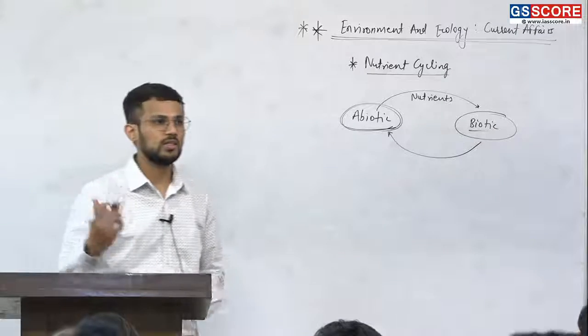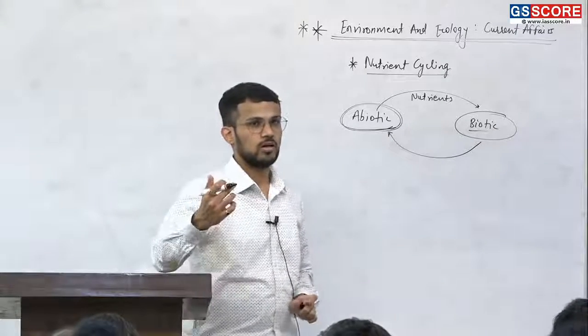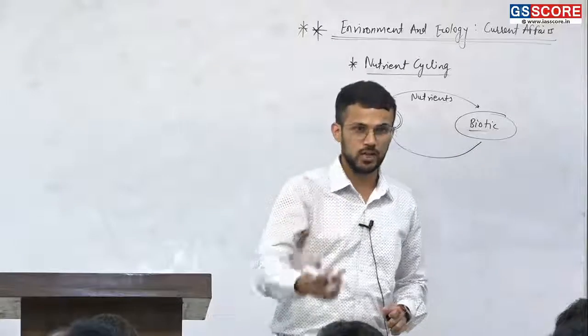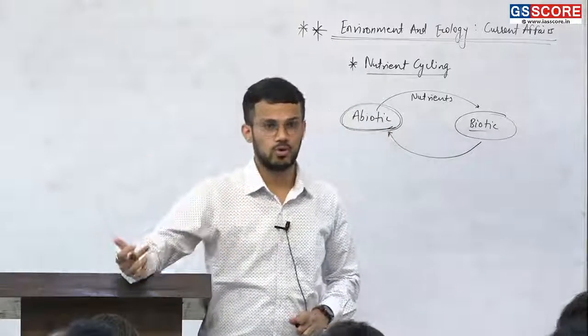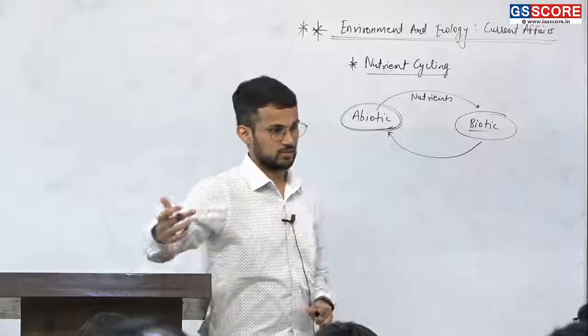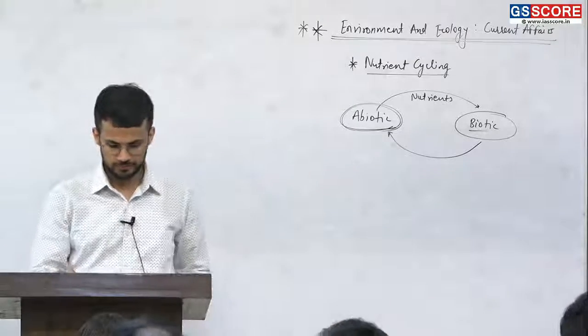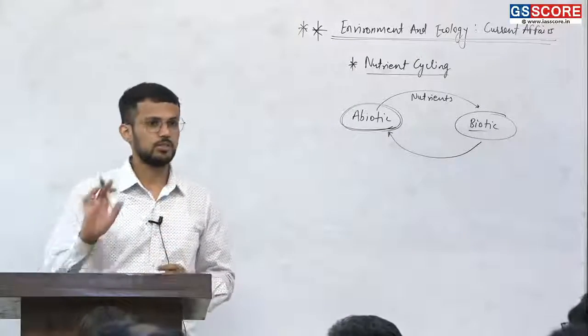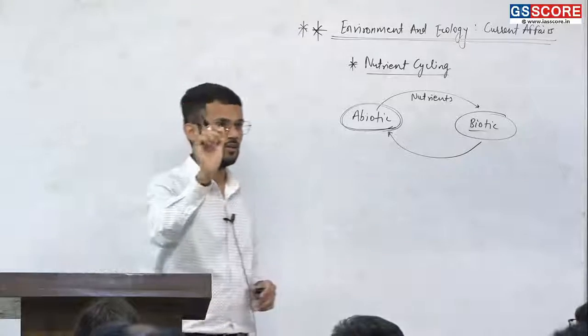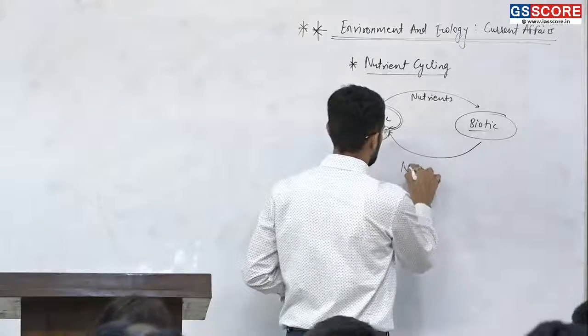Why? Because we need nitrogen for the production of amino acids, which are a raw material for proteins. Fine. Can you please tell me the processes involved in the nitrogen cycle?